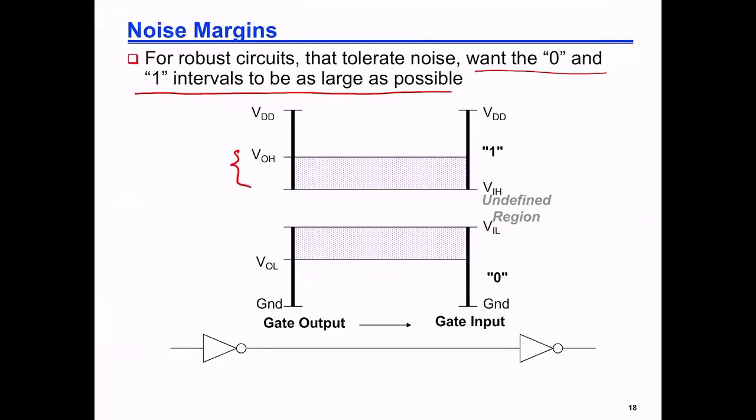Yani we want this to be large and we want this to be large, because in between them we have an undefined region which can cause the circuit to fail, to be misinterpreted, and we don't want that much noise to be injected into the circuit. So the larger those ranges are, the more robust and tolerant to noise my circuit is.